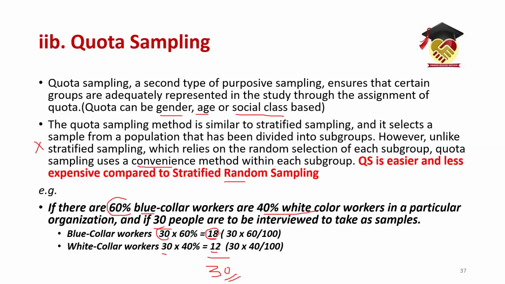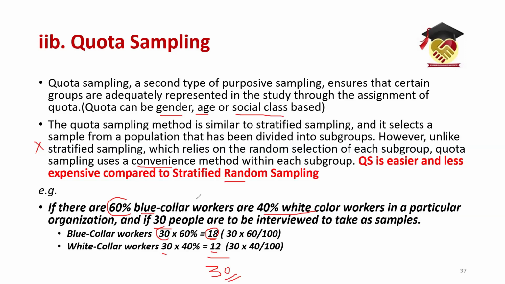You are not taking them randomly, you are taking them conveniently as you want. This 12, you are not going for random sampling like stratified. So you are collecting as you want, as per your own convenience. So this is the difference between quota sampling and stratified random sampling.